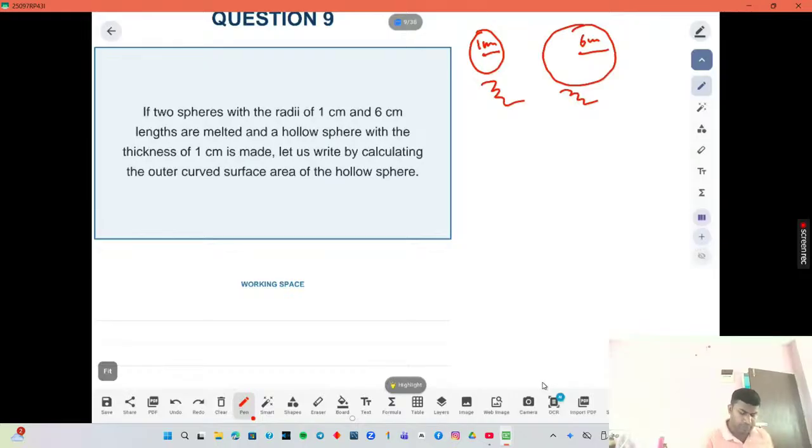Now we have to calculate the outer curved surface of the hollow sphere. How can we find it? Can you give me some idea to solve this question? I will be waiting for your answer.